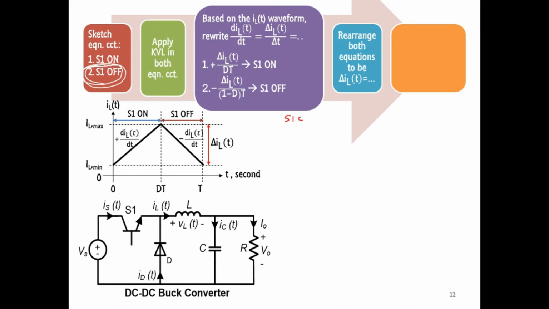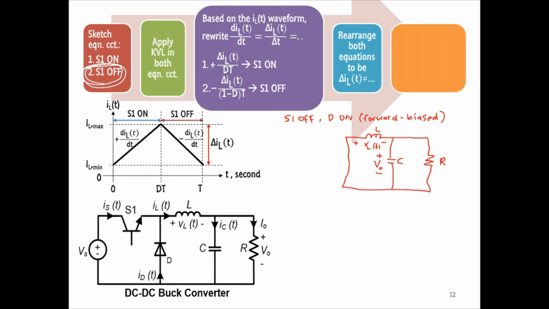This time, diode D is turned on due to the forward bias. By applying KVL and rearranging the voltage equation, eventually we can have these following equations.